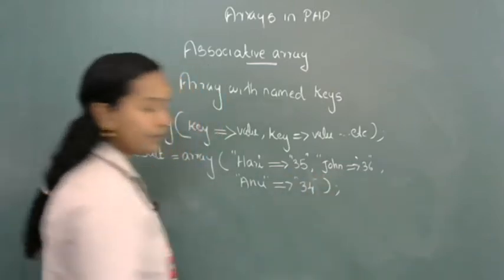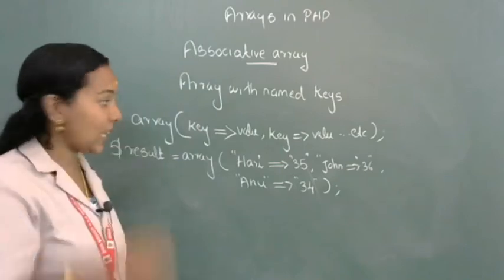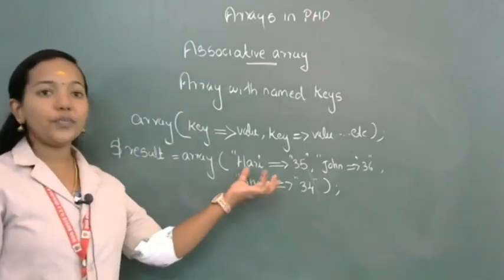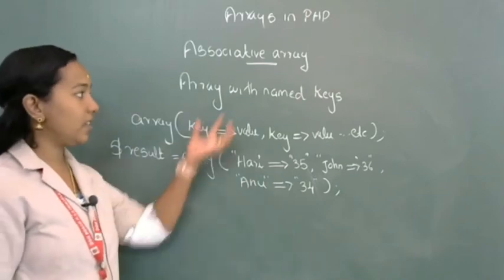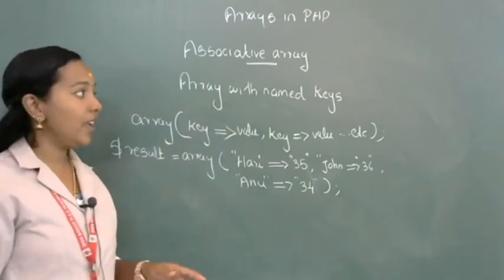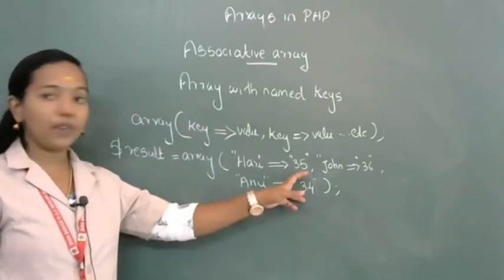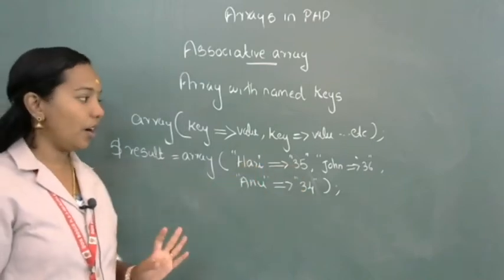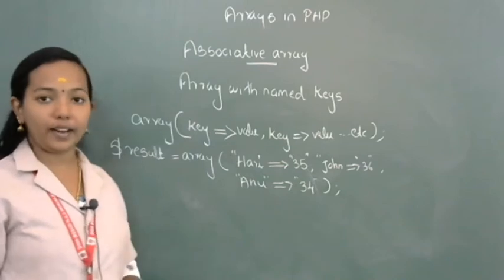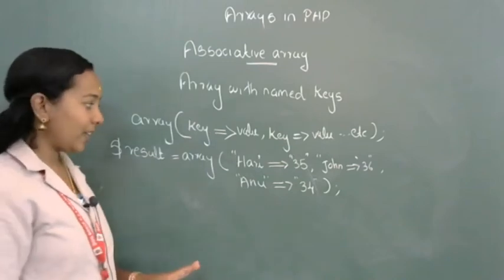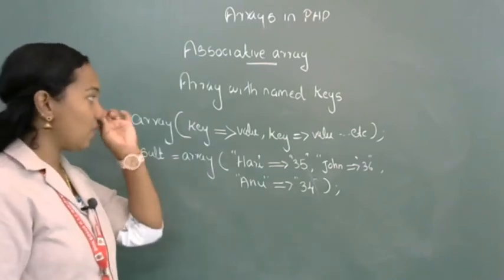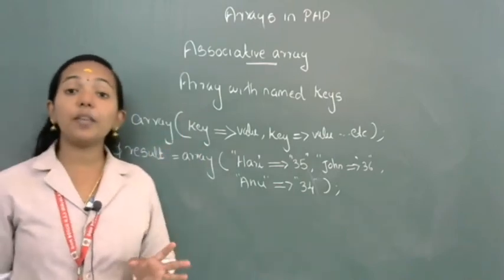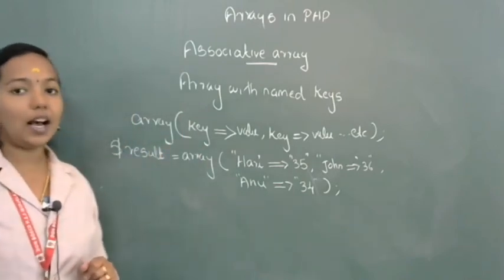Like this. So this is an example for associative array. Keys with named indexes, named keys. Here 35 is the value, Hari is the name. Then John 36, Anu 34, like that. Clear? So an array with named keys or named indexes is known as associative array.